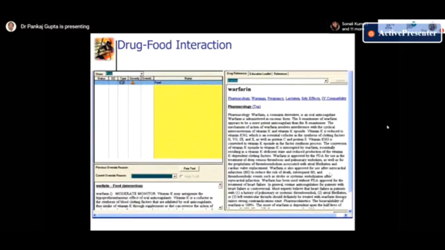Drug-food interaction. There is a lot of intelligence built into drug-food checks. For example, if a patient is on digoxin or warfarin, and the patient's potassium level starts dropping, and there is a food which is vitamin K rich, there is a food and drug interaction.